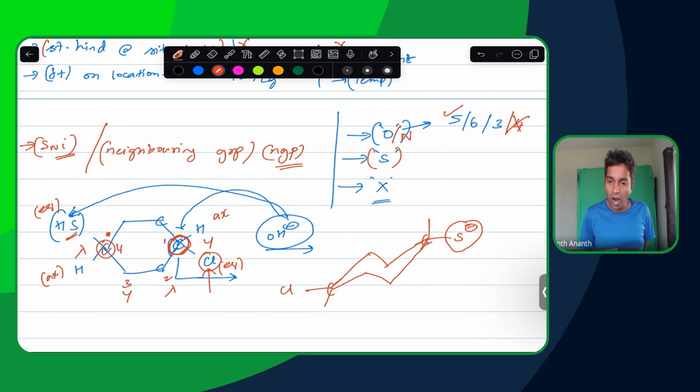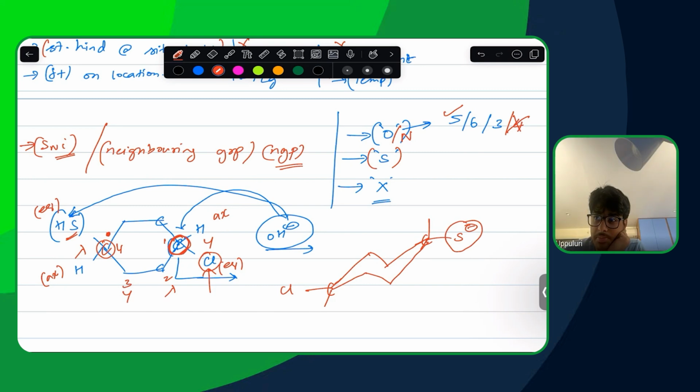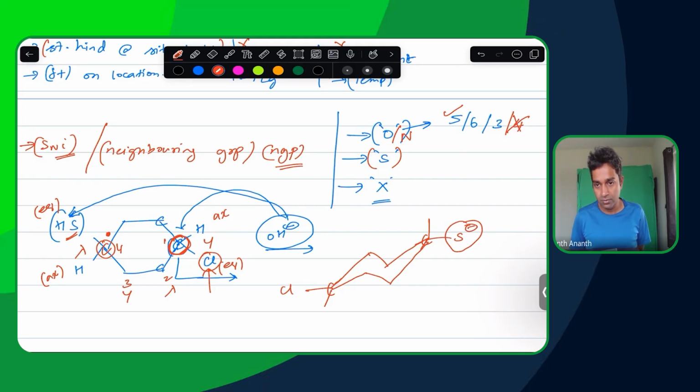If neighboring group participation is even remotely possible, it should absolutely happen. And it will take priority over everything else. Why? Because that is that much easier. The probability of that happening is tremendously higher simply because the nucleophile is part of the same molecule.